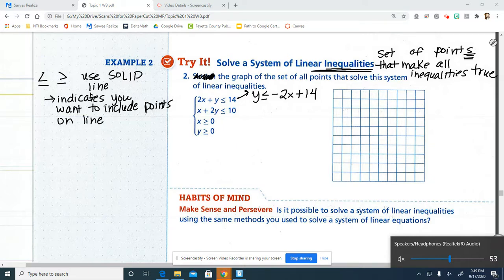If instead it has just less than or just greater than, you're going to use a dashed line, and a dashed line indicates that you do not want to include the points on the line.